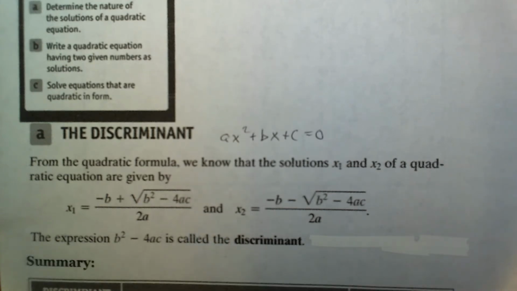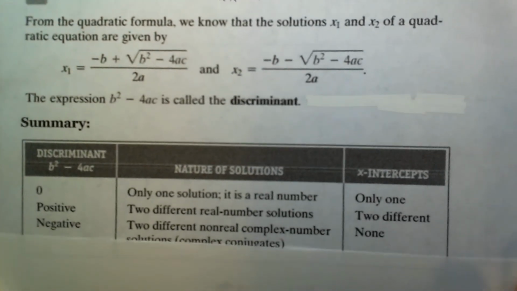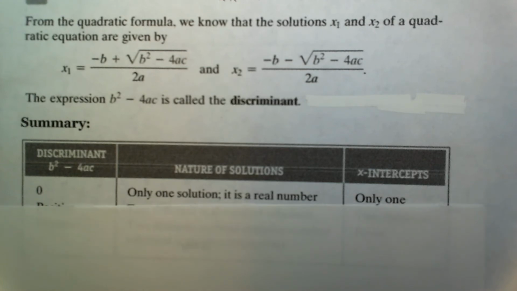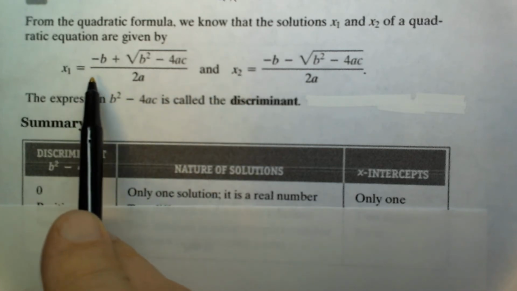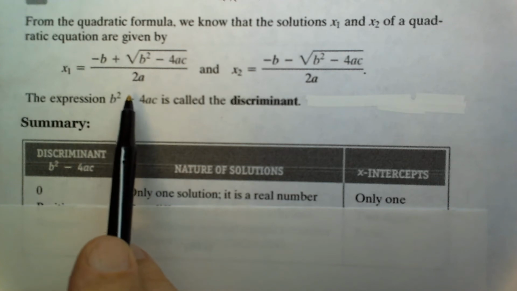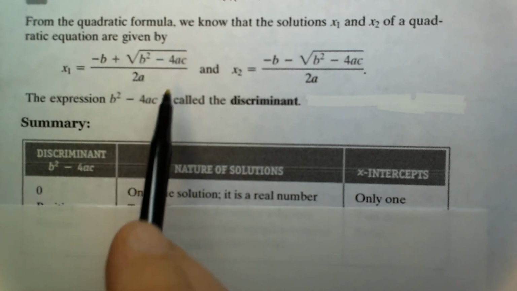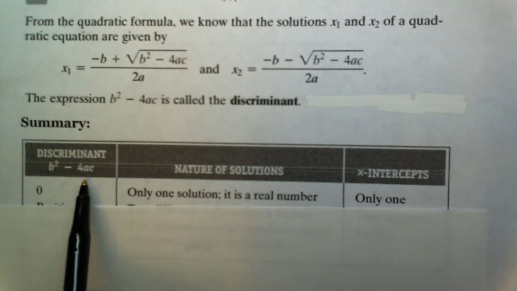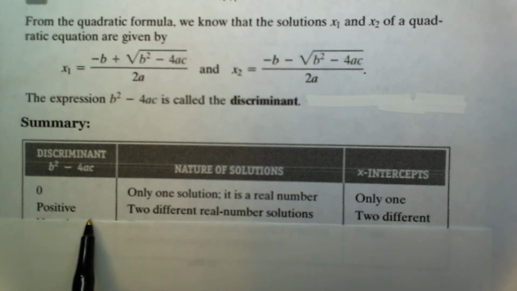So here's a summary of what that means. If the discriminant is equal to 0, then there's only one solution. Because if that's 0, then x sub 1 is minus b divided by 2a, and that's the only solution there is. Now, if b squared minus 4ac is positive, then we have two different real solutions.